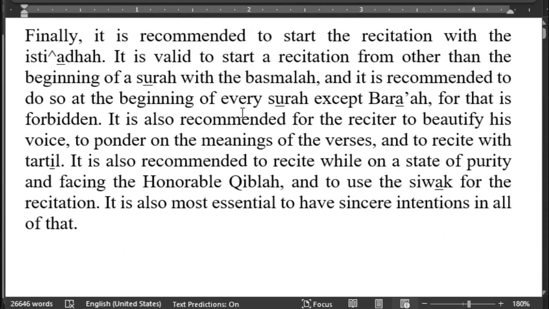However, there is a sunnah that came from the messenger, as you know, before reciting the last three ayahs of Surah Al-Hashr, to say three times, أعوذ بالله السميع العليم من الشيطان الرجيم.